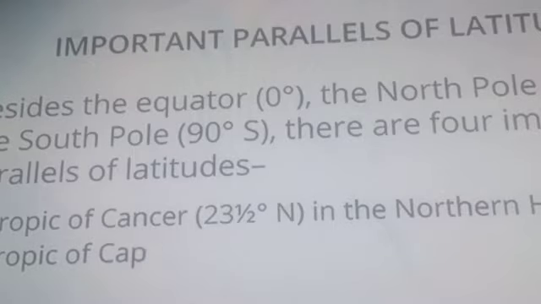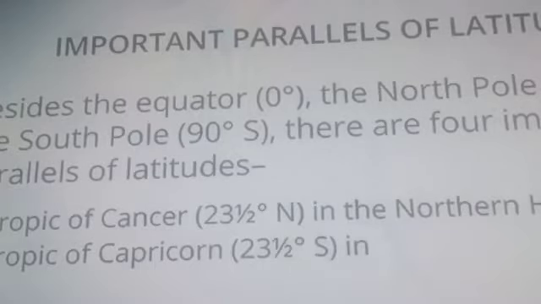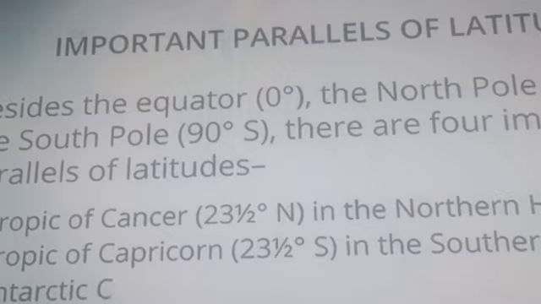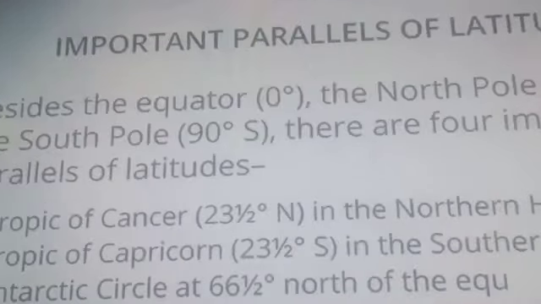Tropic of Capricorn, that is 23.5 degrees south in the southern hemisphere. Arctic Circle at 66.5 degrees north of the equator and Antarctic Circle at 66.5 degrees south of the equator.